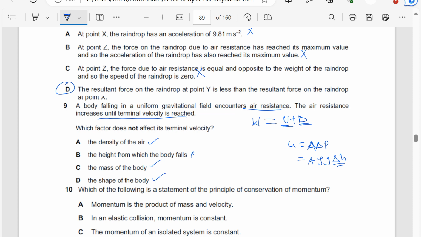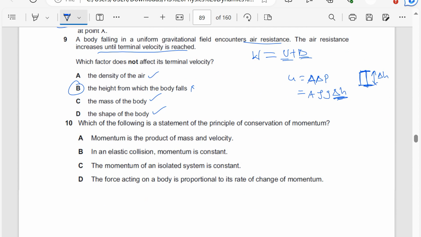So this affects. The height from which the body falls does not affect because this difference in height is the difference between the top of the object and the bottom. This is what I'm calling delta H, not the height through which the object has fallen. So the height from which the body falls does not affect its terminal velocity.